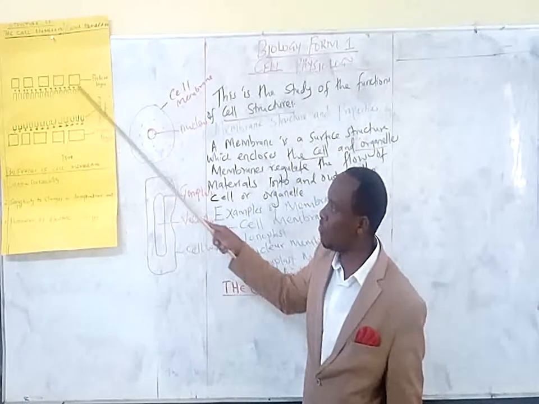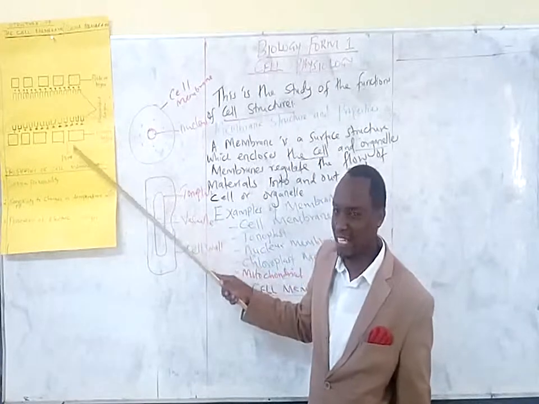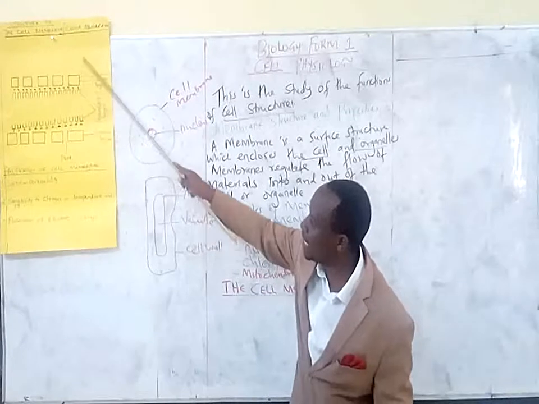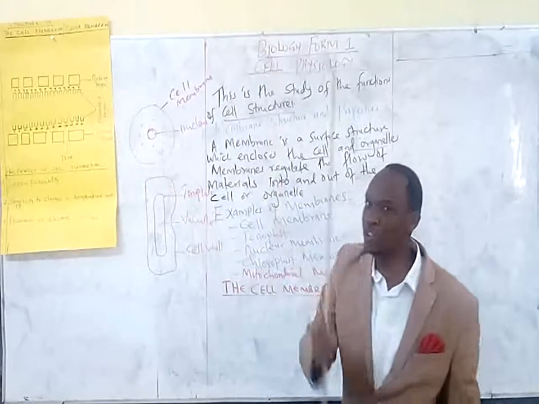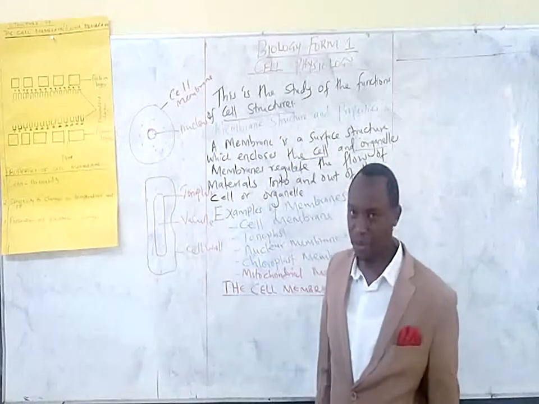So this is a layer of lipid, and it is in between the 2 protein layers. So the cell membrane is made up of a lipid layer sandwiched between 2 protein layers. And we have a pore here.